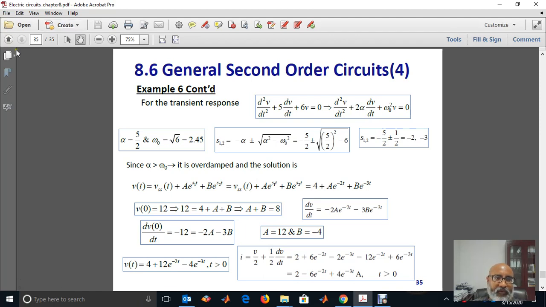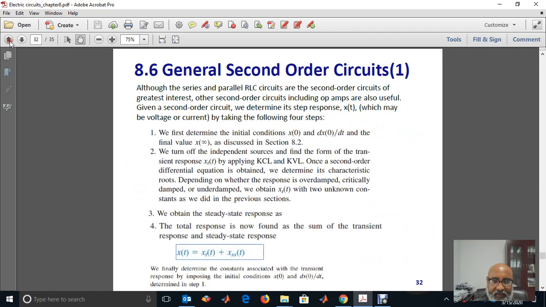To summarize, how do we solve a general second order circuit? We determine the initial conditions, x at 0 and the derivative of x at 0, and we find the form of the transient response. How do we find the transient response?